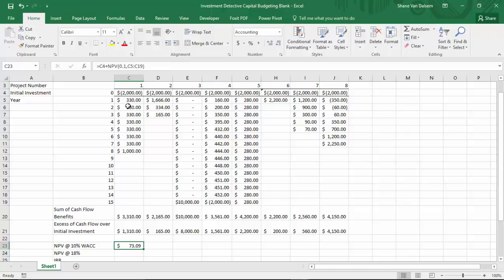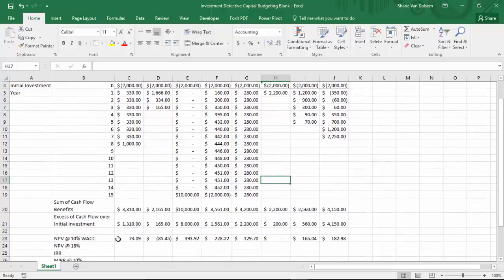So I can make my life a lot easier and not have to calculate this 8 different times by just going down here and seeing the square there. When I put my cursor on it, it makes a plus mark. I hold down the left button and scroll over, and it fills in all of my NPVs. And you can see what those are. So we have 73.09, negative 85.45 at 10% weighted average cost of capital, 393.92, 228.22, 129.70.